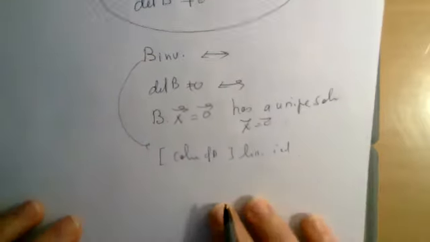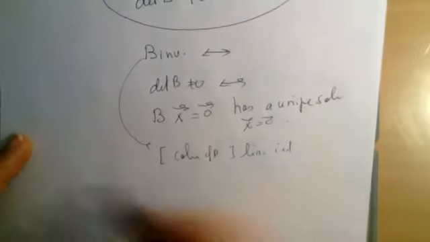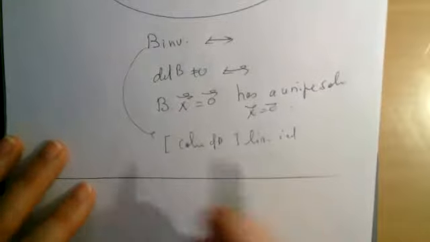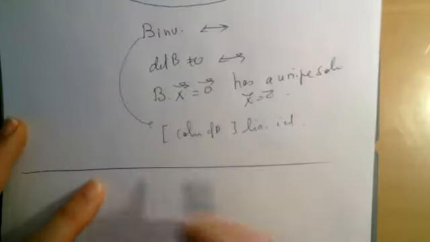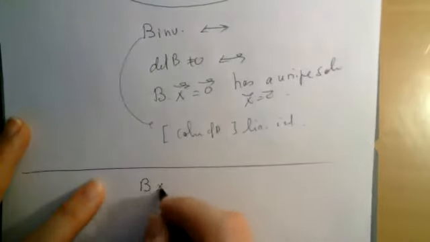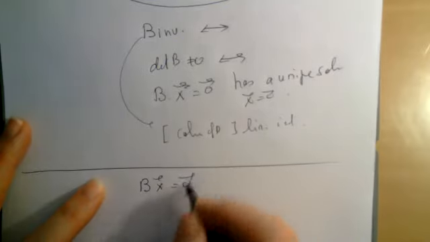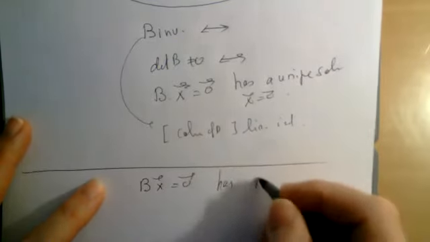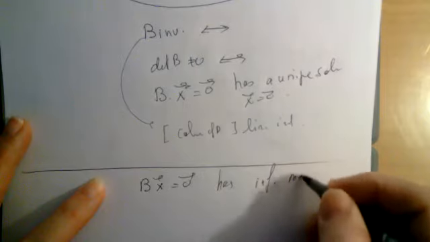The last piece of rewriting this is the negation of all this. Suppose the system Bx equal to 0 has infinitely many solutions.